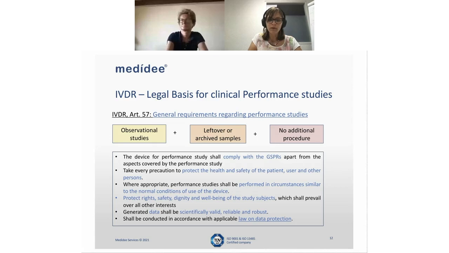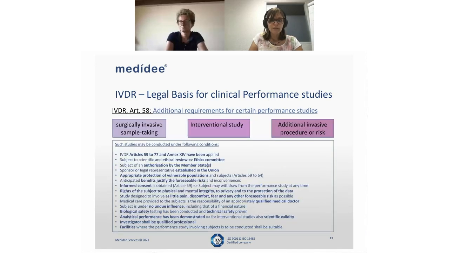And, for example, whether you definitely need informed consent, or whether this could also be waived for this type of study. This needs to be discussed with the ethics committee beforehand. Then there are other types of studies which are clearly defined.